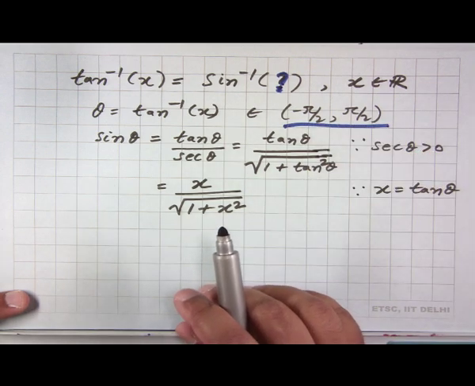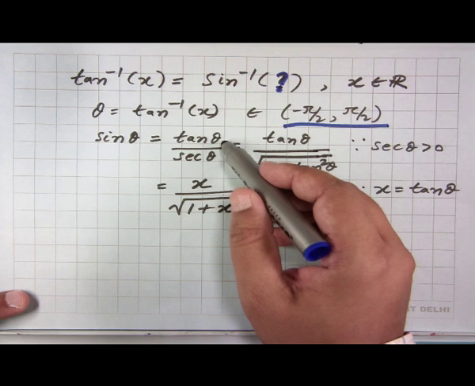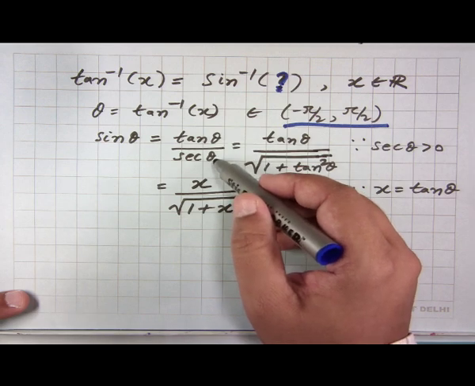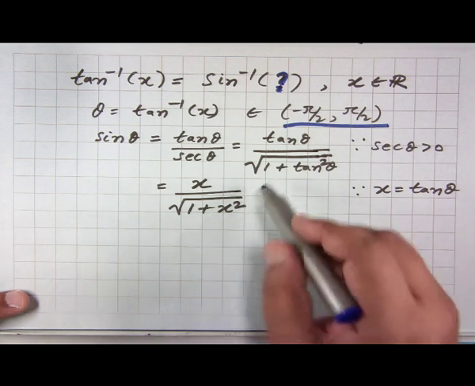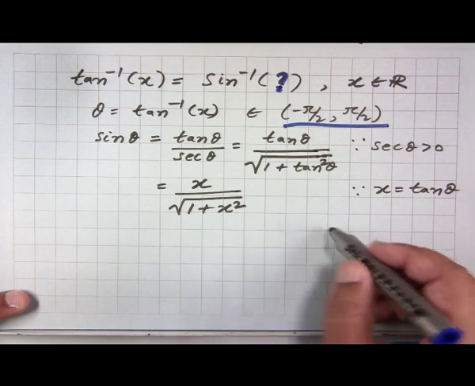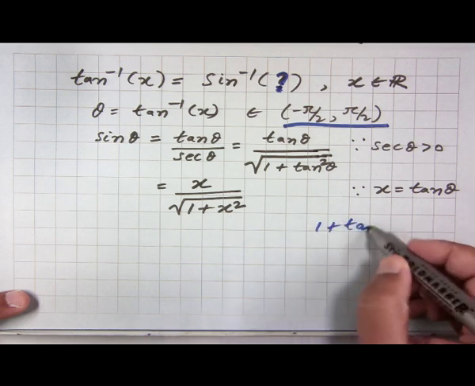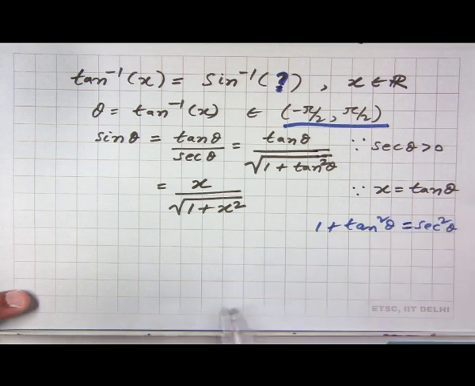2 to plus pi by 2, and then sine theta can be written as tan theta over secant theta, because secant theta is 1 over cos theta, which is equal to tan theta over the square root of 1 plus tan square theta. So, we know this identity that 1 plus tan square theta is sec square theta.